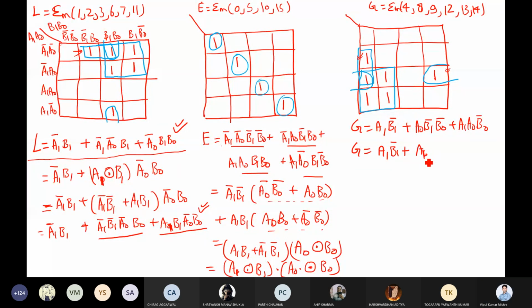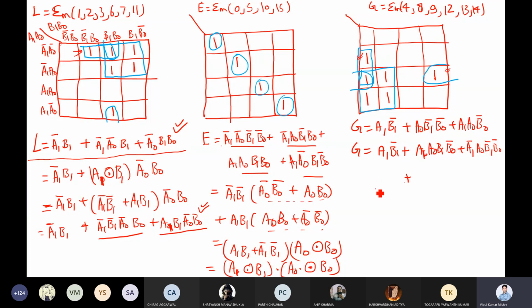A1 A0 and B1 B0 bar. What about this term? B1 bar B0 bar. Let me take first A1 bar A0 B1 bar B0 bar.